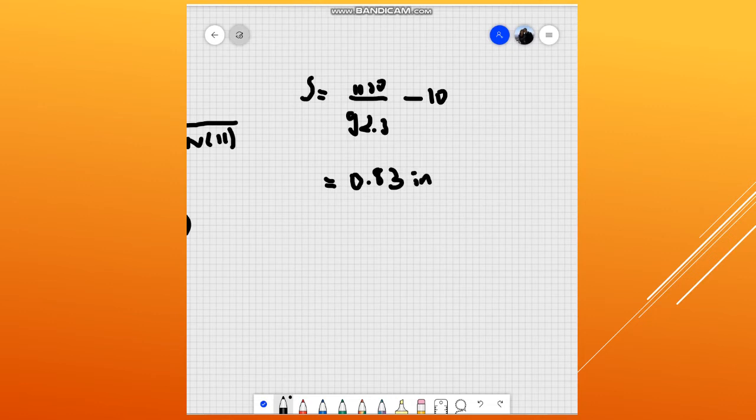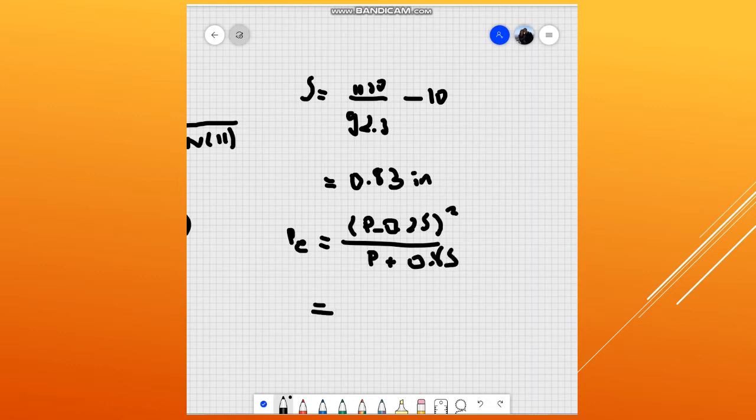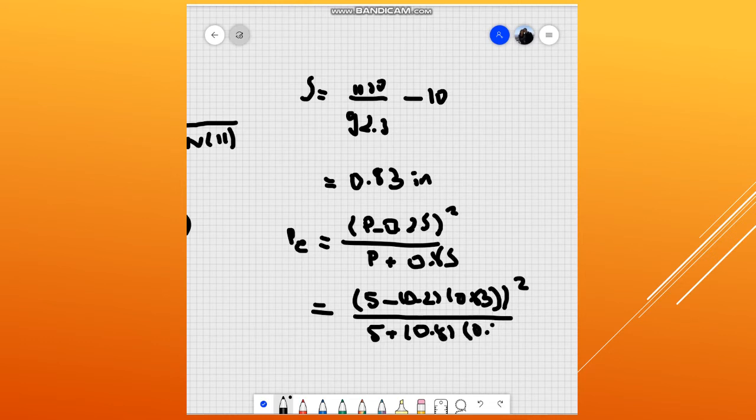So when we substitute this number into our direct runoff equation, which was precipitation minus 0.2 S, squared, over precipitation plus 0.8 S, we know precipitation is 5 inch, so 5 minus 0.2 multiplied by 0.83, all squared, over 5 plus 0.8 multiplied by 0.83.